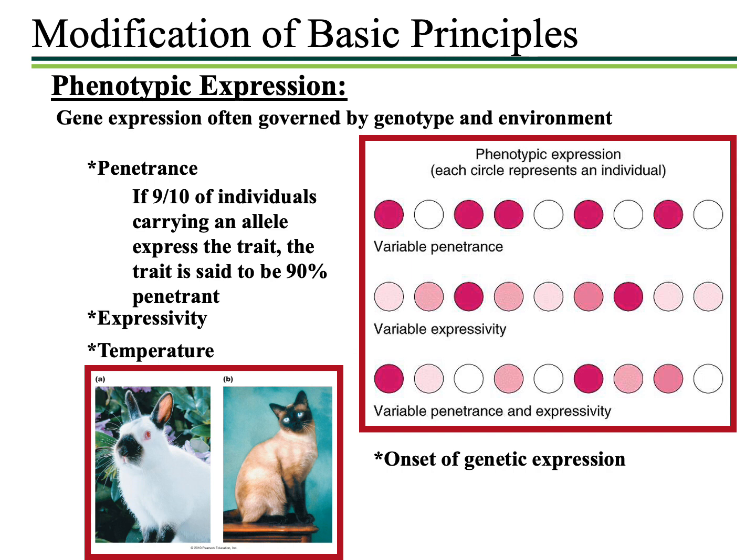The last example is referred to as onset of genetic expression. This just means when is something going to be expressed in an individual, and that can vary. So even though a given genotype is present, when the expression of that specific genotype occurs in the lifespan of the individual can definitely vary.